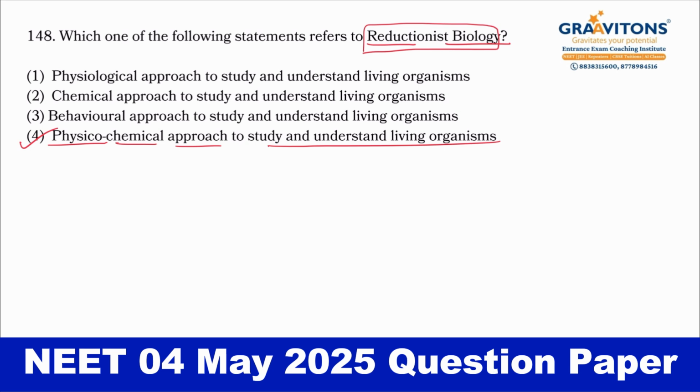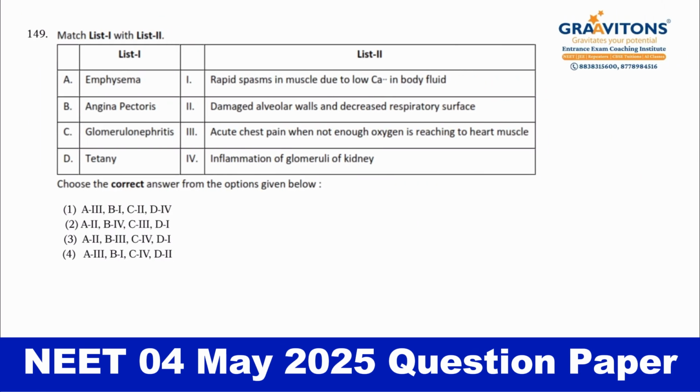So, the answer to 148 is option 4. And next one, 149, a match type question. List 1 are the disorders of the human physiology chapter. And here they have given the symptom or the explanation of the disorder. So, first one, if you take emphysema, damage of the alveolar walls, and angina pectoris, acute chest pain.